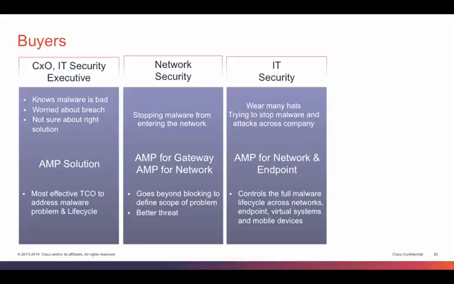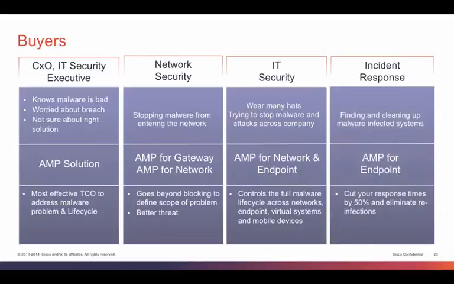So they need that full control for the malware lifecycle, both across the network and at the endpoint level. And so these are the folks that we're going to talk about AMP for network and AMP for endpoint, because they really are going to latch on to that ability to correlate that data together and report on what's going on while taking action as well.